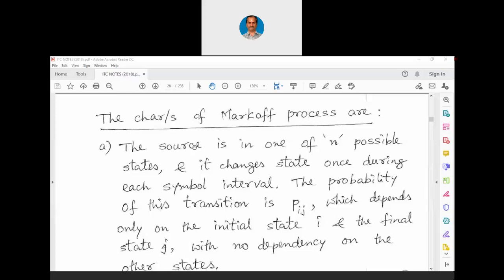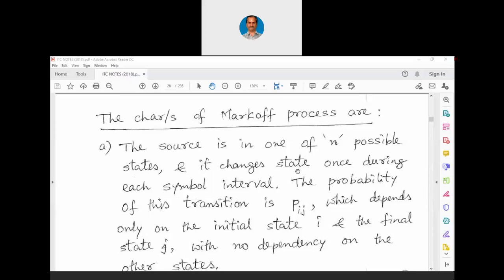So now the source is in one of the n possible states. Imagine that from my home till my college, there may be around 200 states. It changes state once during each symbol interval, meaning whenever each symbol is emitted, the state is changing.